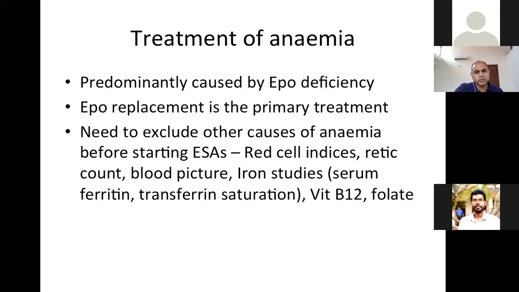So sometimes you can have nutritional deficiencies such as iron deficiency, folate, B12 deficiencies, and there can be bleeding. So there are so many causes for anemia in CKD patients. So you need to exclude them before starting ESAs.